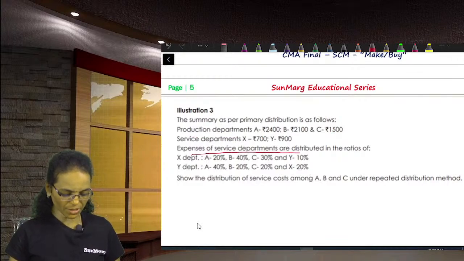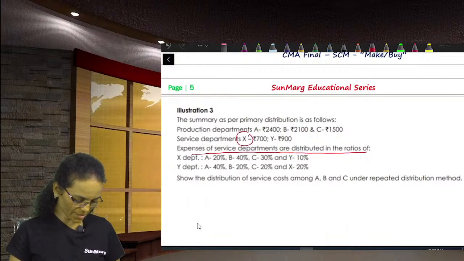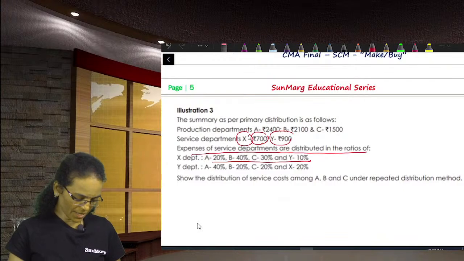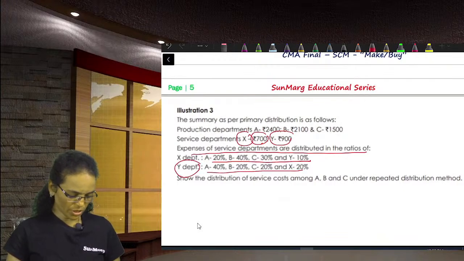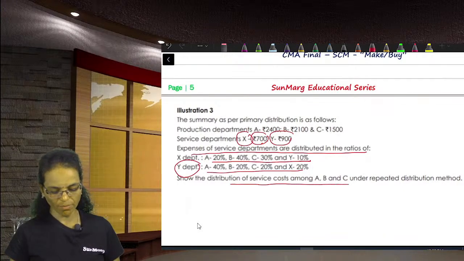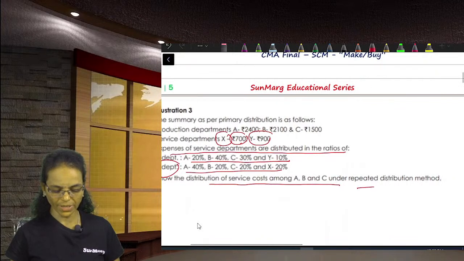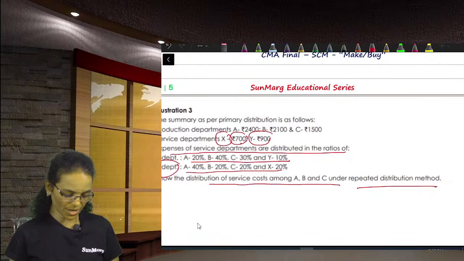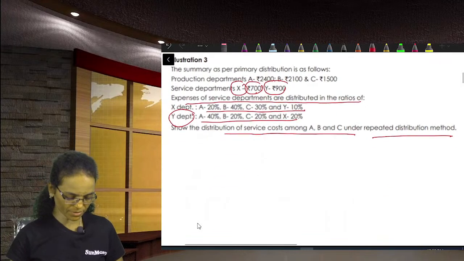Expenses of service department X 700 rupees should be distributed in this ratio, and expenses of department Y in this ratio. Show the distribution of service cost among A, B and C under repeated distribution method. Okay, we will see what is the repeated distribution method.